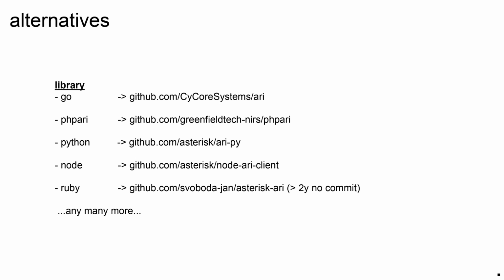Thanks again, Sean. We have PHP ARI from Greenfield. Thanks to that. There is a Python and a Node implementation from Digium itself. And there is a Ruby implementation from anybody I never heard about. And it's pretty much dead, I think. There are more than 2 years with no commit, but it's working. And if you Google, you find many, many more of them.